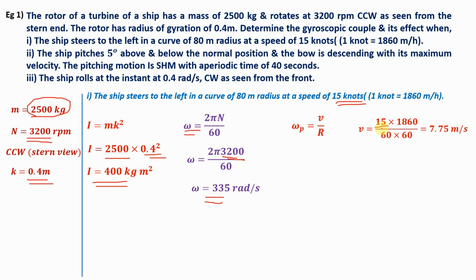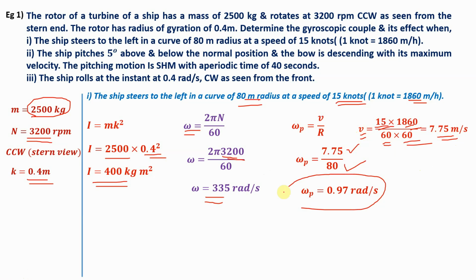So 15 knots into 1860 meters per hour, and this 60 will convert hour into minute, and this 60 will convert minute into second. So we get v is equals to 7.75 meter per second, linear speed of the ship, and radius of turn is 80 meters. So we get omega p is equals to 7.75 divided by 80, that is 0.97 radian per second.